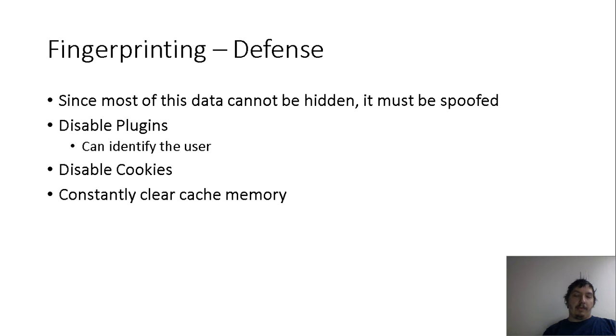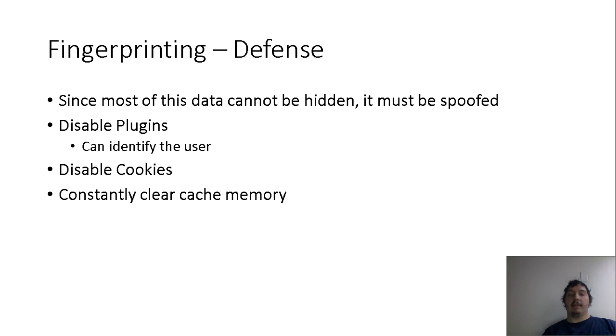But the browser attributes is where you're most vulnerable in regards to your anonymity. And this is where most of their effort has gone for defense. And in regards to fingerprinting, almost all of the information cannot be hidden. And so instead it gets spoofed. It gets made false. And in regards to your plugins, no plugins.